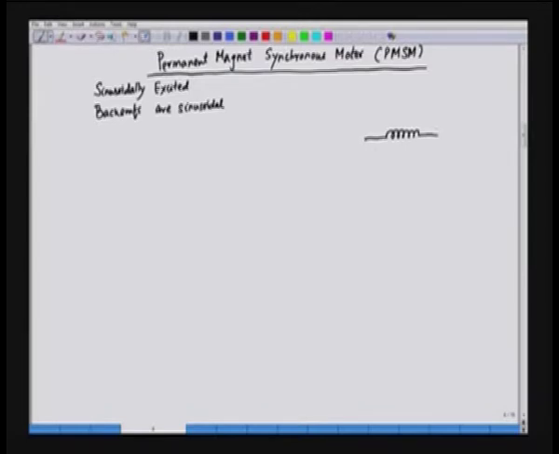Here, let us say we excite this from a current source, and then we have the synchronous reactance, that is jXs, and the field induced EMF is Ef, which is an AC quantity. We have a current source inverter, or an inverter which can be current controlled.